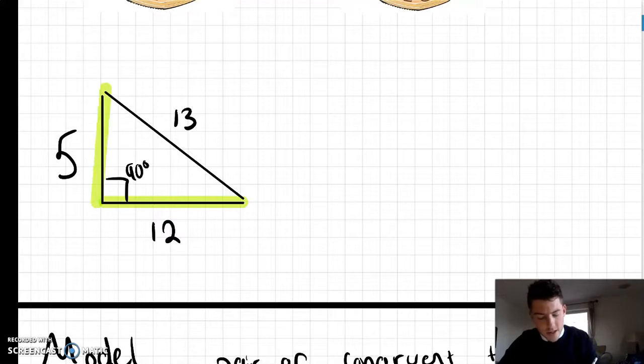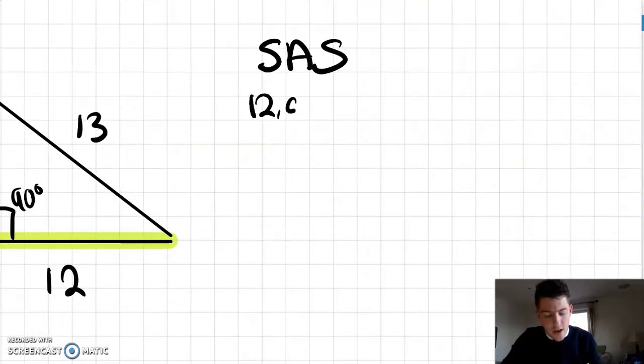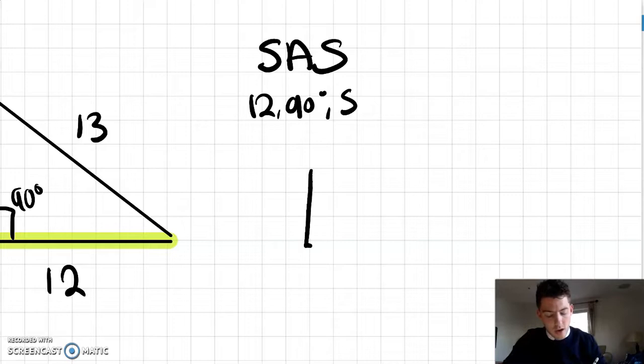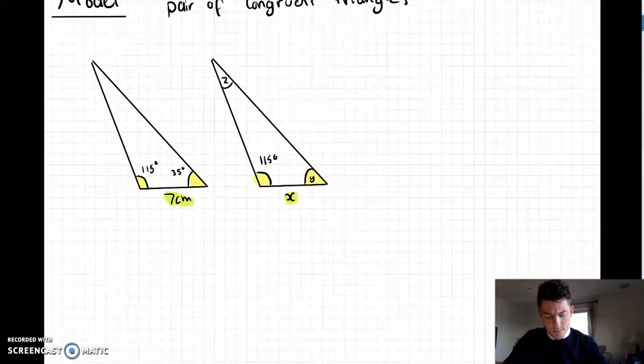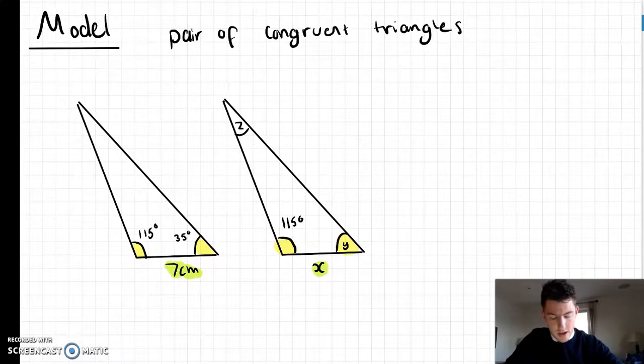So we've got side, angle, side, SAS: 12, 90 degrees, 5. If you draw this on a piece of paper, it is impossible to not get a triangle that goes 12, 5, 13. Don't believe me? Have a go.